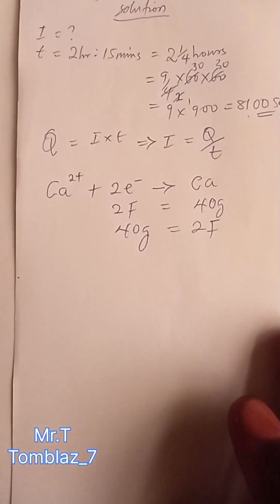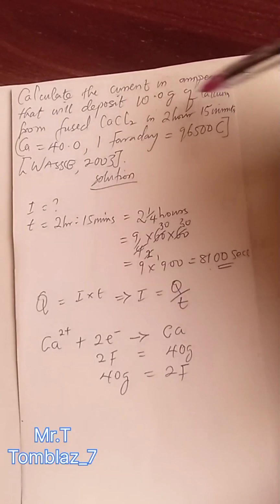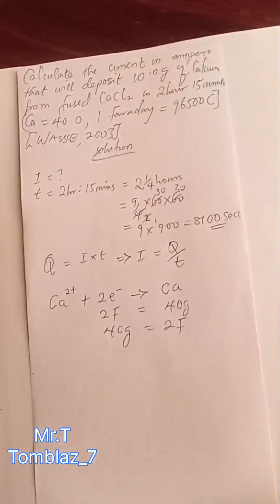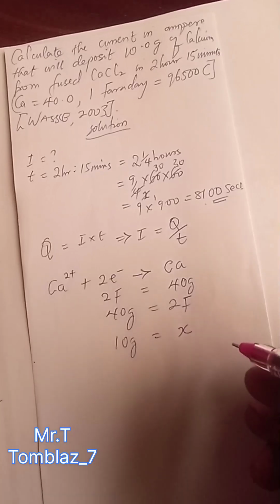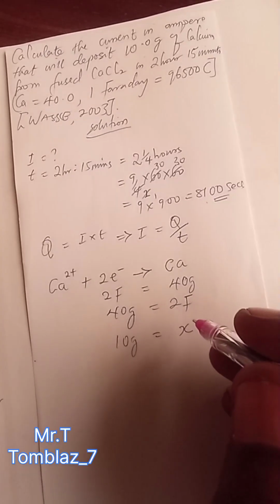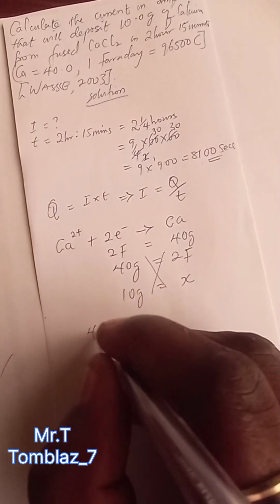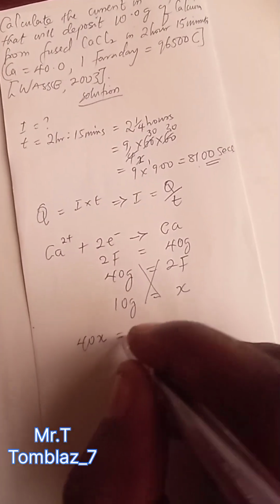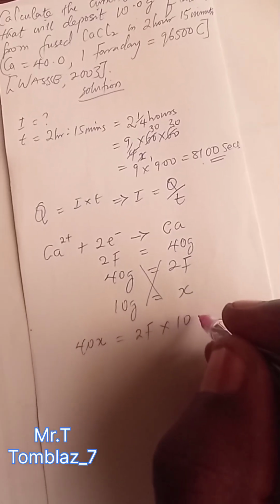So if this is the case, let's relate that to the question. The question says 10 grams of calcium. So we have 10 grams equals x, and we cross multiply. 40x is equal to 2 Faradays times 10 grams.